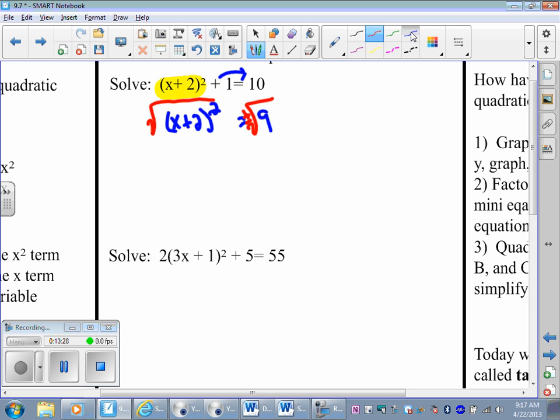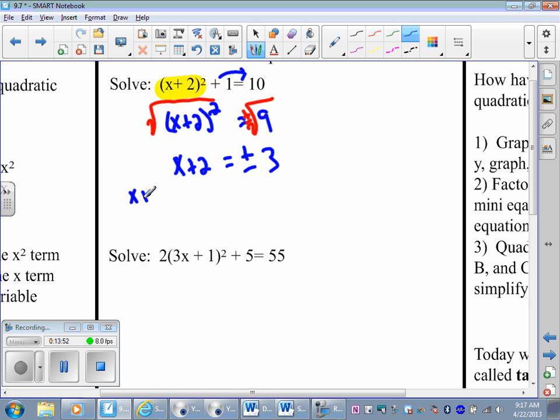Now, what do I get on the left? Well, what's the square root of chunk squared? What's the square root of a quantity squared? Again, you have to understand the fact that square rooting and squaring undo each other. So what I get here is x plus 2. What do I get on the other side? I get plus or minus 3. Now that gives me 2 equations to write.